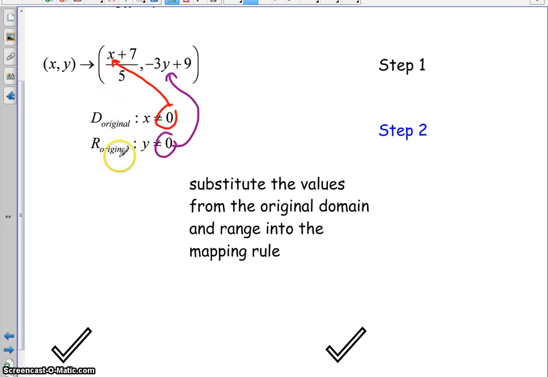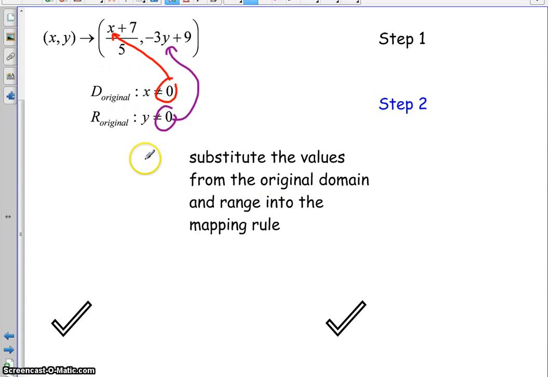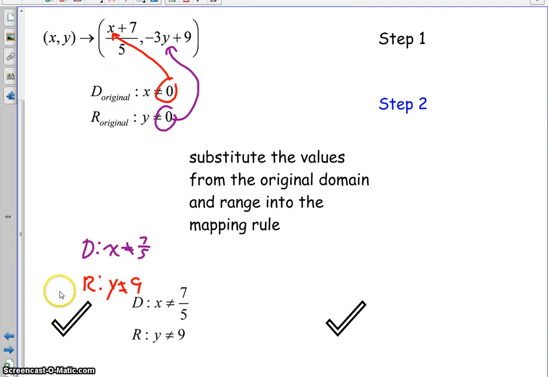So 0 plus 7 divided by 5 is 7 over 5. So your new domain is x cannot be equal to 7 over 5. Okay, for y, it's negative 3 times 0 plus 9, which is 9. So y is not equal to 9. And there you have it.